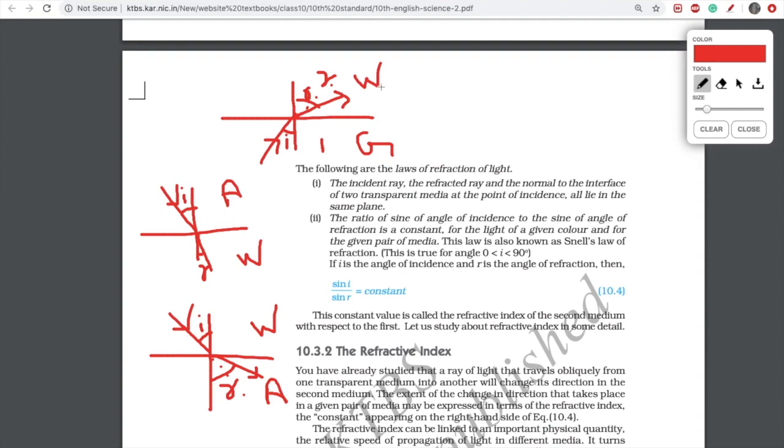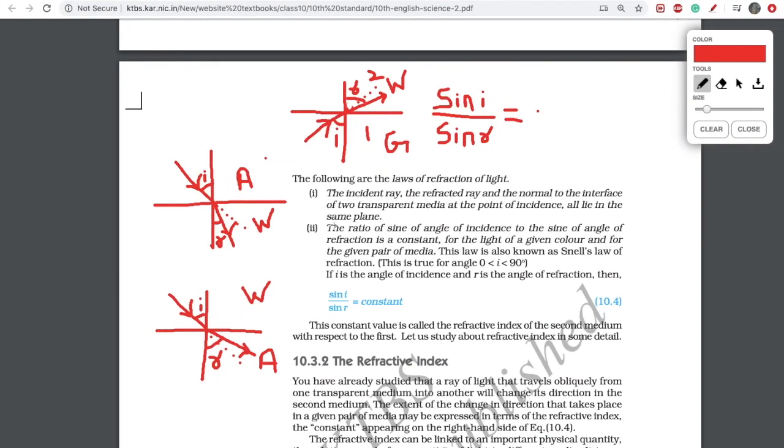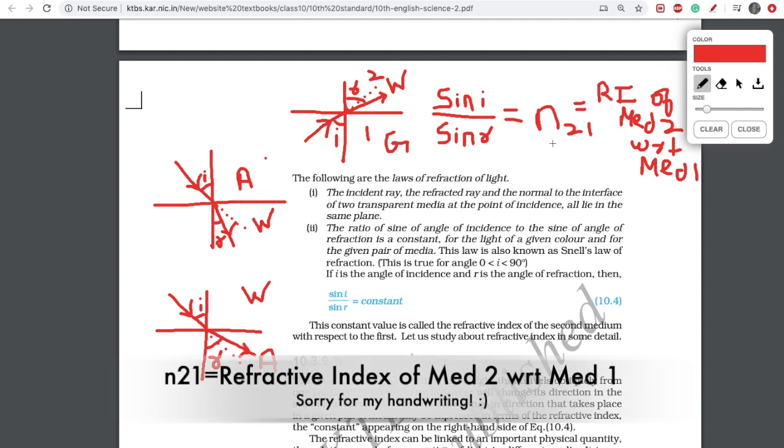That is, of water with respect to glass. This refractive index is denoted by n21. Okay, n21 is the refractive index of medium 2 with respect to medium 1.